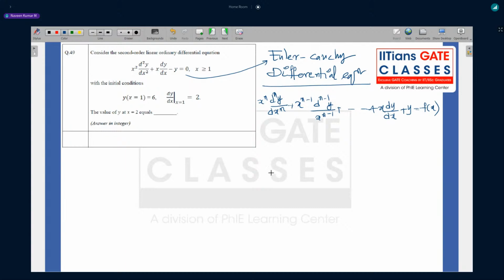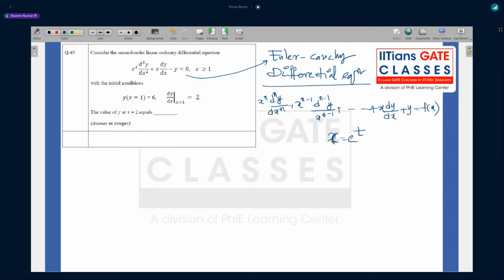Then what did we do? For converting these x to the power of n terms into constants, we put x is equal to e to the power of t, if you remember, right?